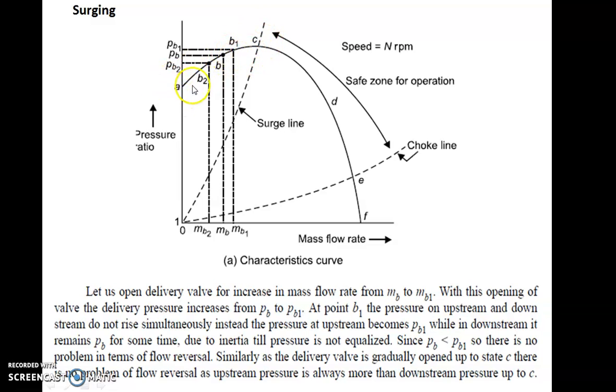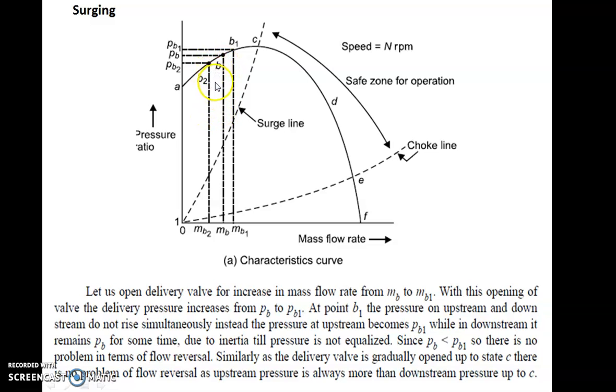While opening the valve, the curve is followed as it is, because the upstream pressure is more than the downstream pressure and the flow takes place in the normal way. But when you are closing the valve and the discharge is decreasing from C to A, there is a problem. When you are closing the valve, the pressure is falling from B to B2, that is, the mass flow rate is decreasing.